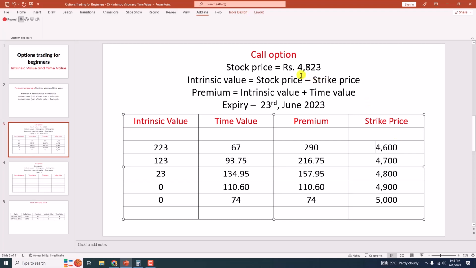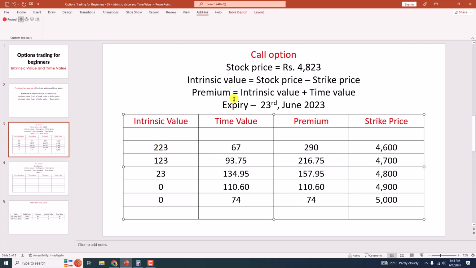Because the stock is trading at 4,823 rupees, and I have a choice to buy at 4,600. Won't I do that? I will do that, correct? So by doing that, how much money will I get?